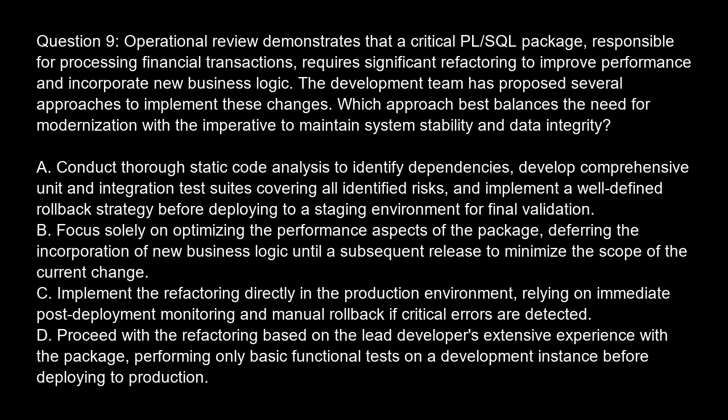Option C. Implement the refactoring directly in the production environment, relying on immediate post-deployment monitoring and manual rollback if critical errors are detected. Option D. Proceed with the refactoring based on the lead developer's extensive experience with the package, performing only basic functional tests on a development instance before deploying to production.